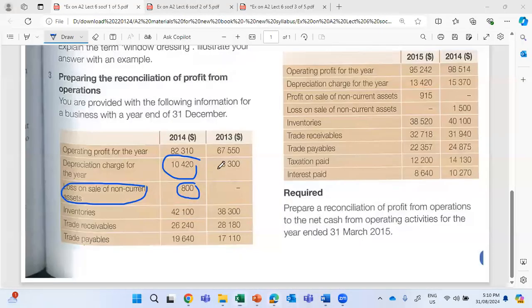Here I'm given 2 years of figures. Let's look at inventory. Inventory is an asset. Comparing last year and this year, inventory has increased by the difference between 42,100 and 38,300.